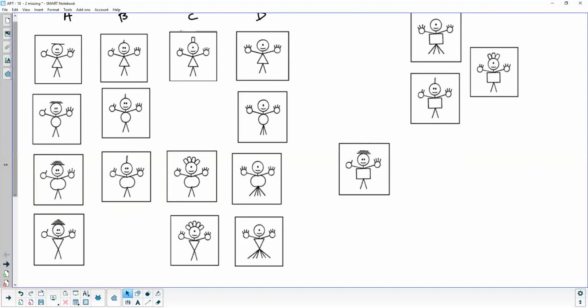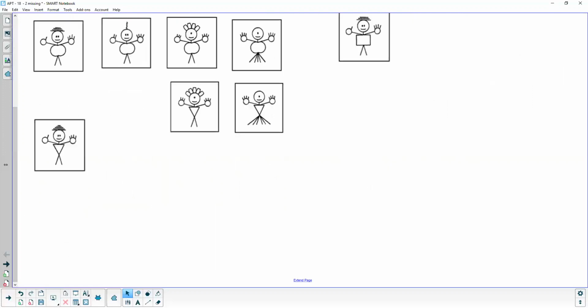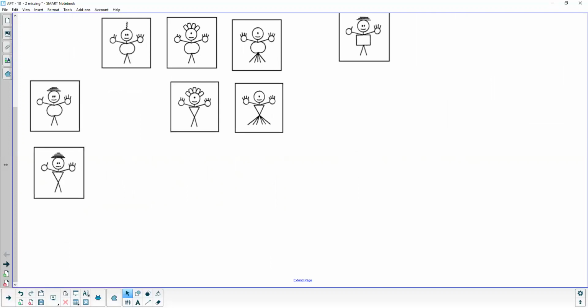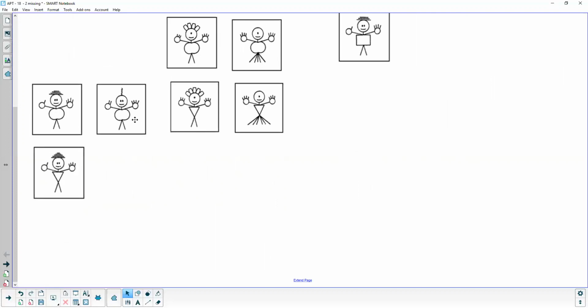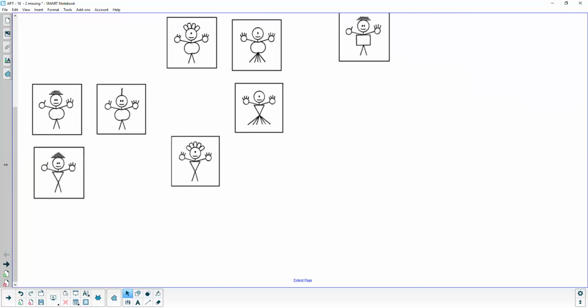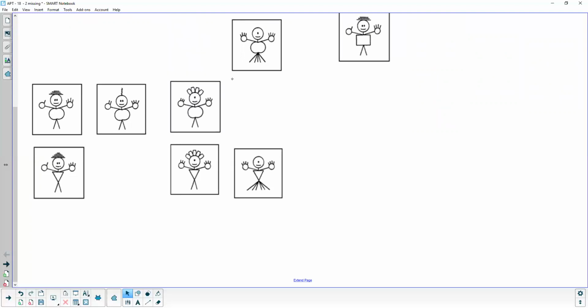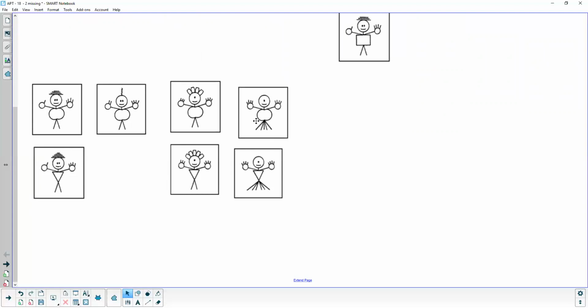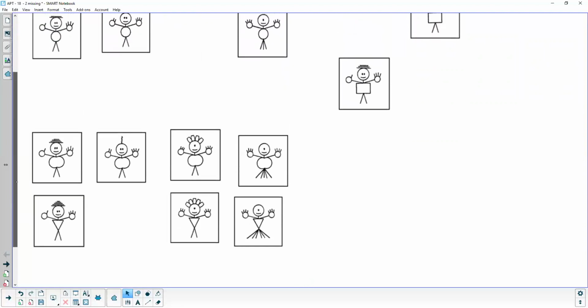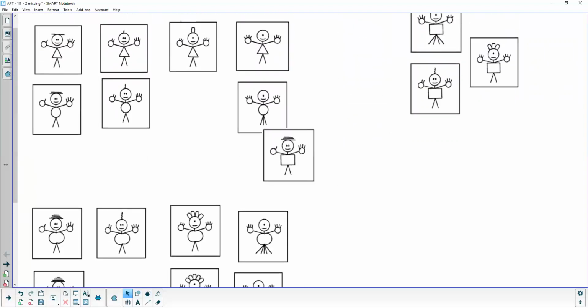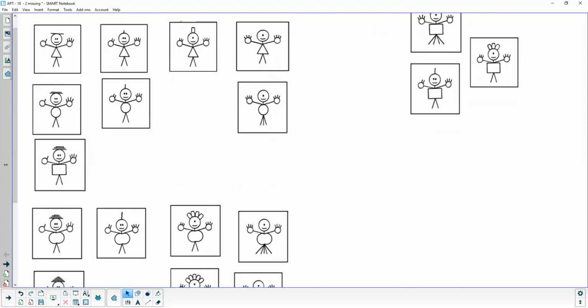So what we have to do is make a little room here. Let's pull all these down. Okay, yeah, so let's insert him here.